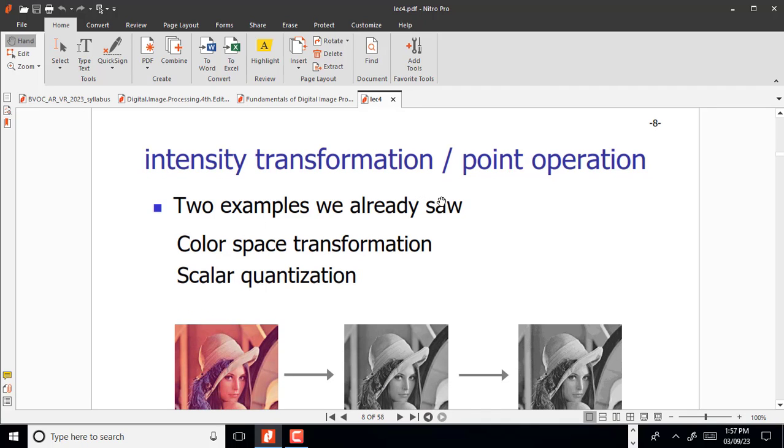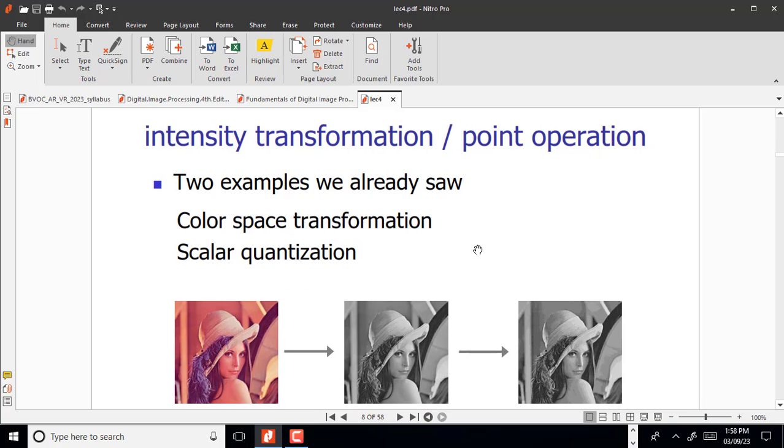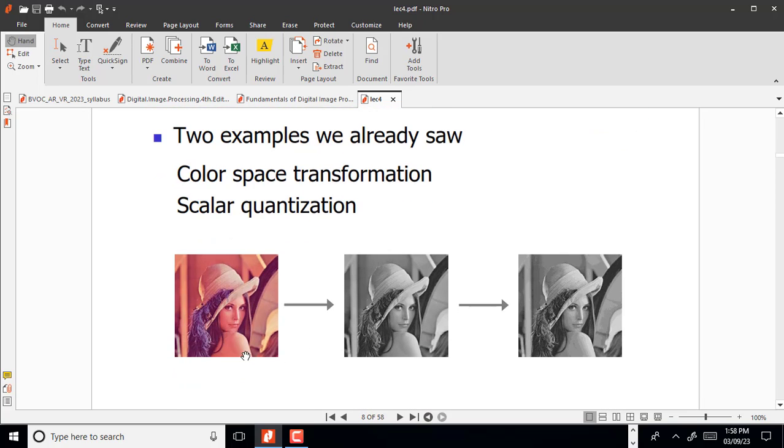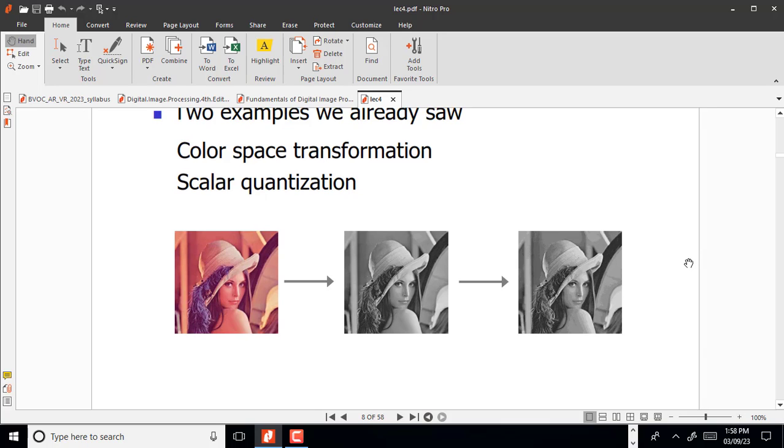For the intensity transformation of point operations, we already saw two examples: color space transformation and scalar quantization. Here the Lena image is the original RGB image. We translate it into a grayscale image, and then the grayscale picture moves to scalar quantization. The color space step is RGB to grayscale transformation, and then grayscale quantization is applied.